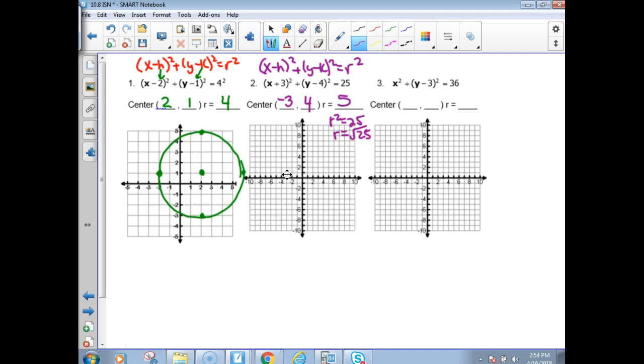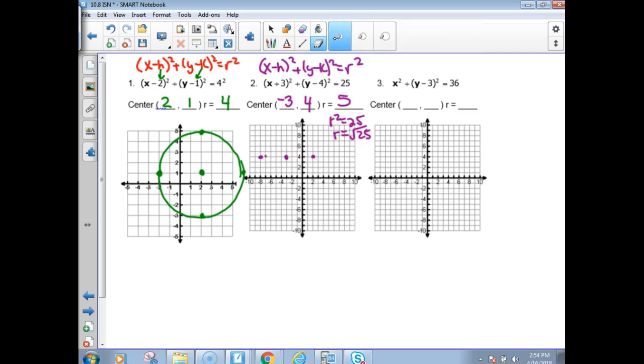We then plot negative 3, positive 4. And then we've got to count 5 right. Don't forget to count the x-axis and the y-axis when you're counting. Oops, I need to go 1, 2, 3, 4, 5 away. 1, 2, 3, 4, 5 away.